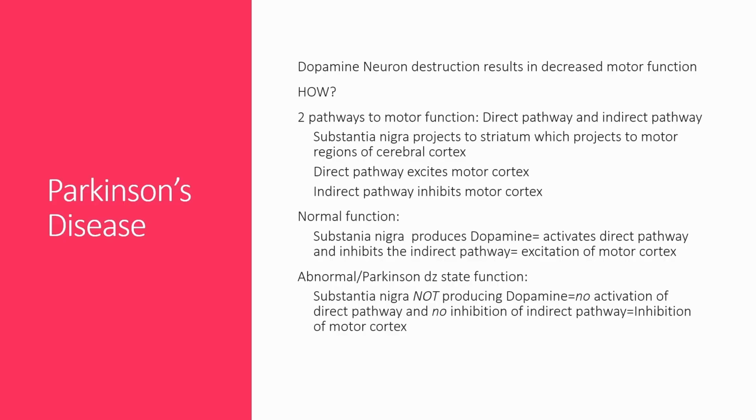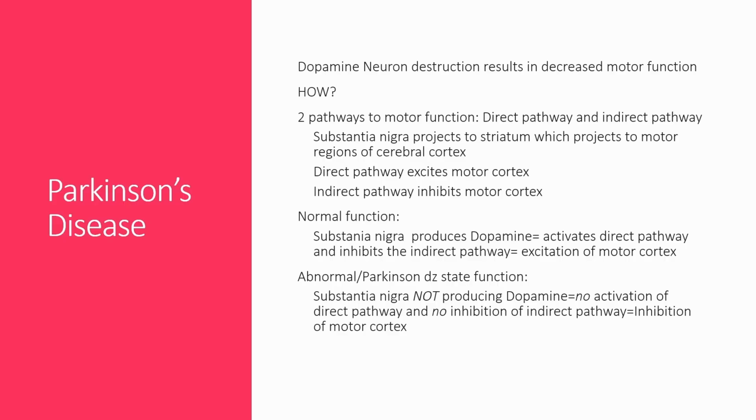Okay, so in normal function, we have the substantia nigra that produces dopamine, and that's going to activate the direct pathway to promote motor activity, and it's going to suppress the indirect activity, the motor inhibition, so that we have great fluid movement. We activate the direct, we inhibit the indirect. So we have good coordinated movements. When you have Parkinson's, things change.